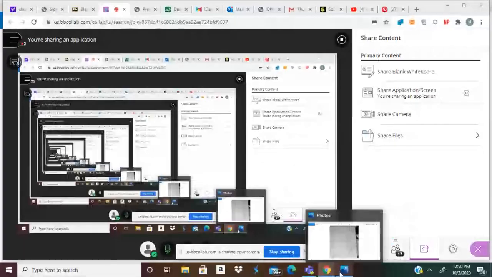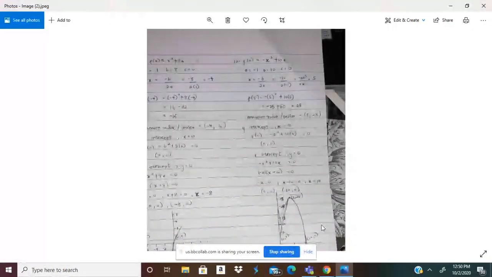Can you see? Yes. Okay, for number 12, f of x equals minus x squared plus 10x, where a is negative 1, b is 10, and c is 0. Then x equals negative b over 2a.